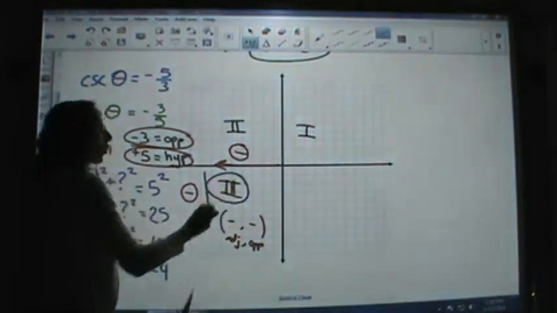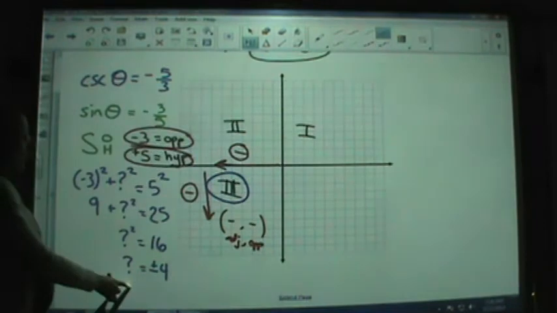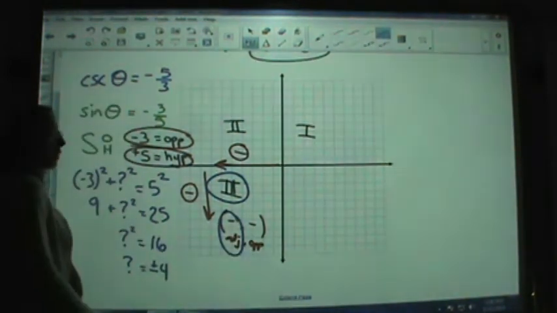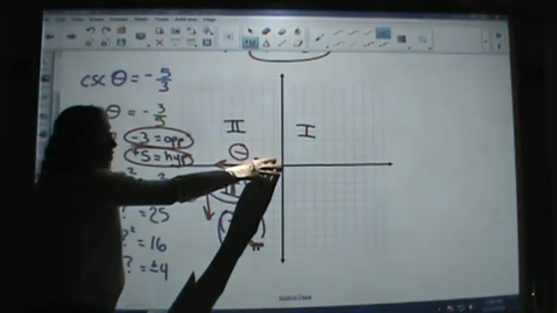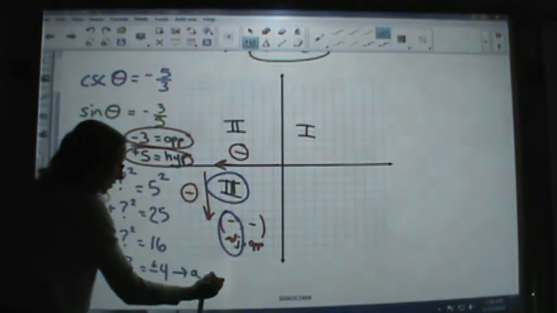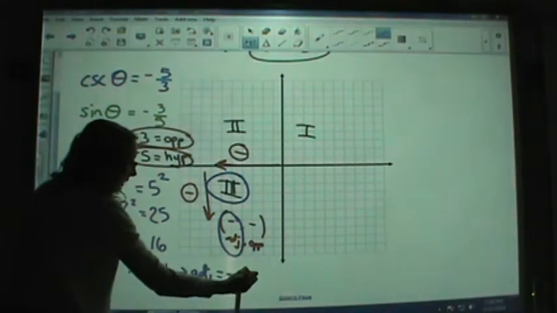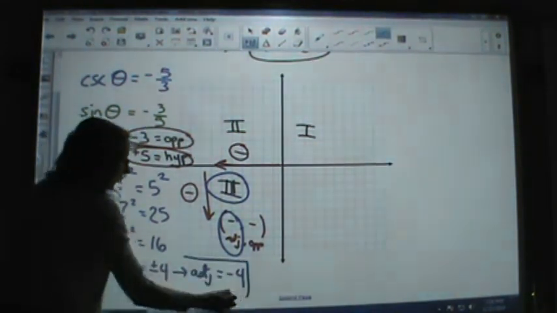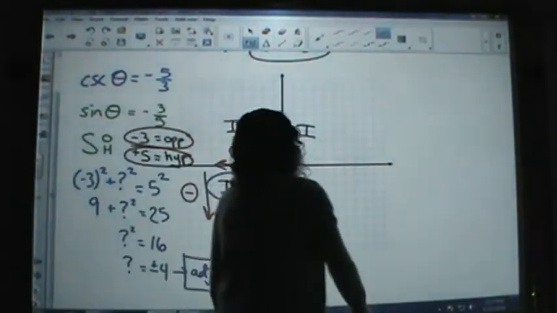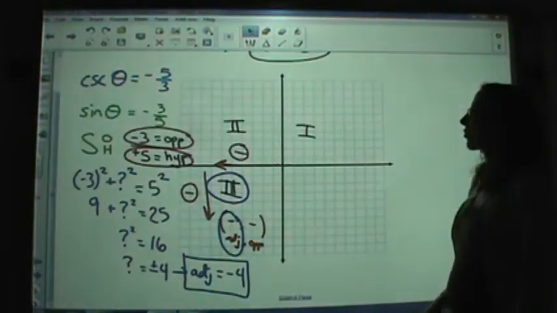It's, hey, it's quadrant 3. We're solving for an adjacent side. Adjacent sides in quadrant 3 are negative because to get to quadrant 3, you move left. So we actually know that our adjacent side has to be negative 4. This was a 3, 4, 5 triangle positioned in quadrant 3.